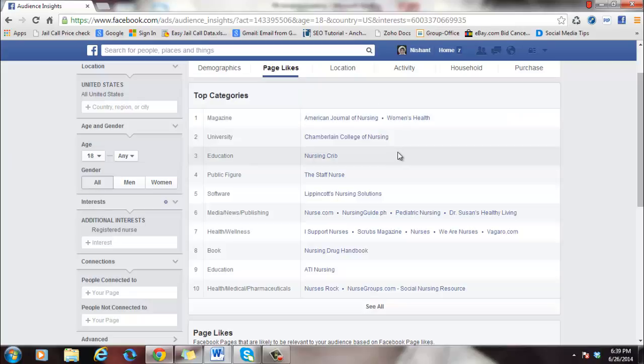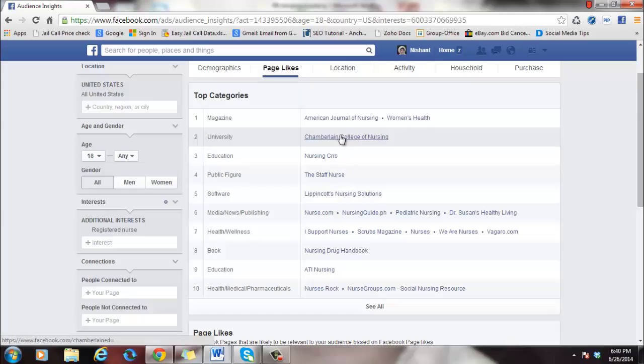So you have university, you have Chamberlain College of Nursing. So let's say you're trying to target nurses for a CPA offer, maybe for a scholarship offer, or maybe it's a T-shirt that's directed to the students of any particular college, or maybe it's a generic student or nursing student T-shirt.